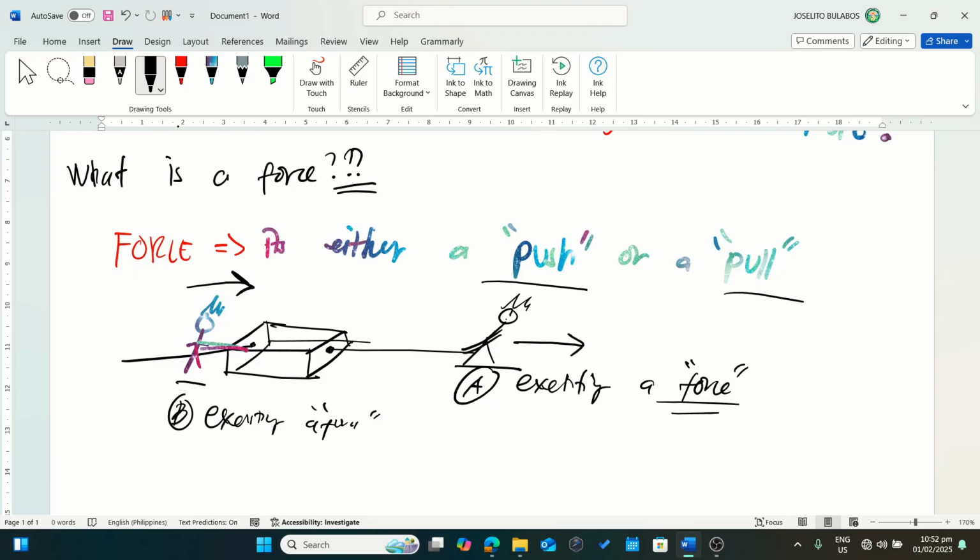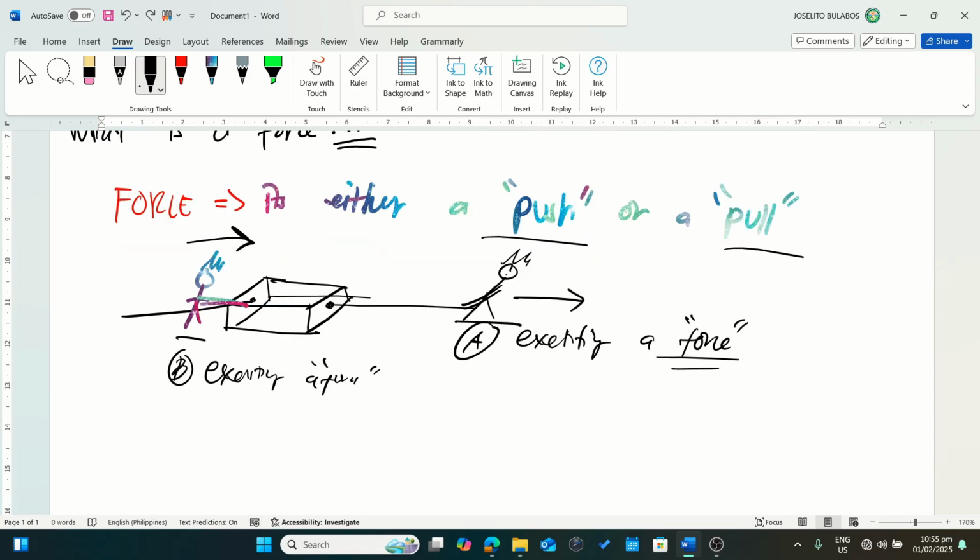So that is a visual representation of what we mean by force. It could be a push. When we push something, that is a force. And if we pull something, that is also a force.